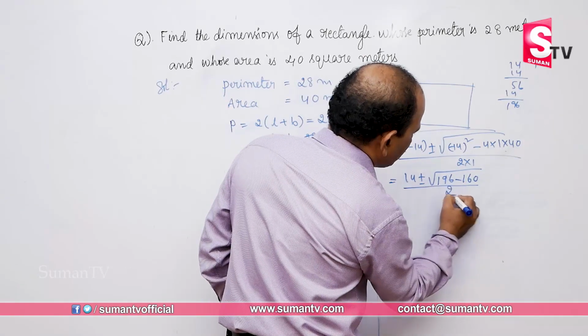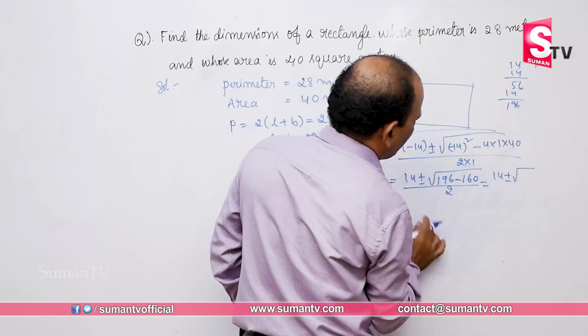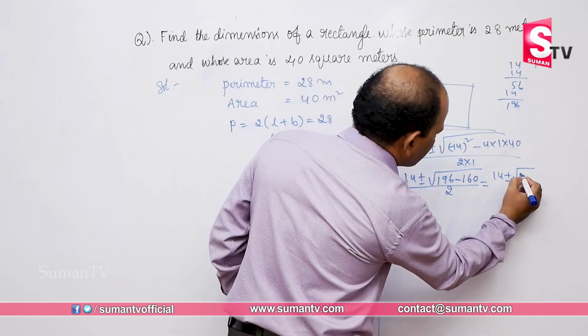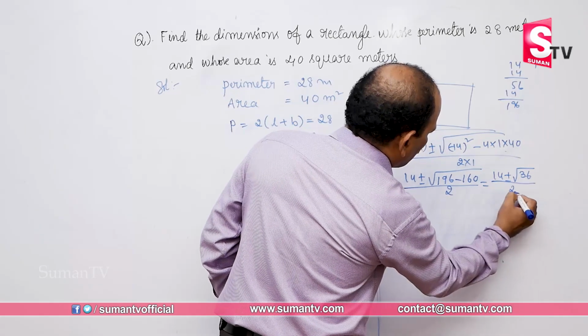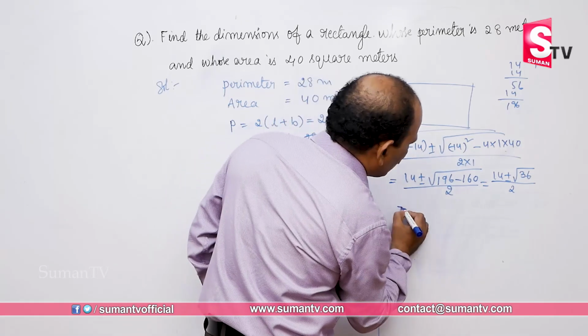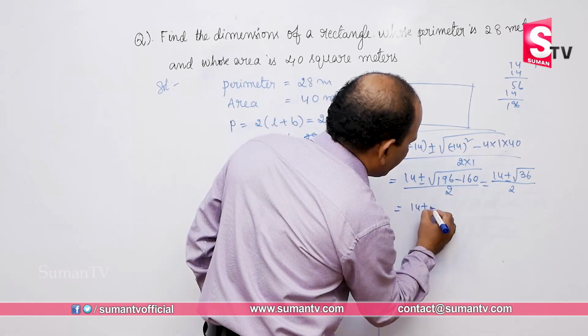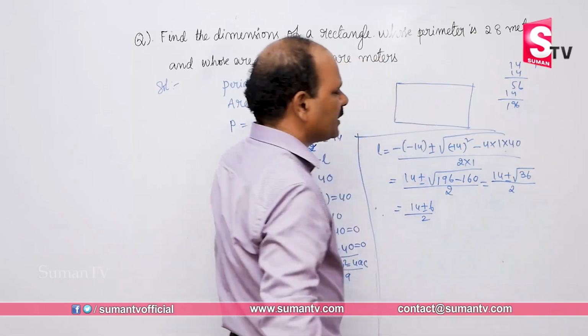By 2 into 1, which is 2. That is 14 plus or minus square root of 196 minus 160, which is 36, by 2. So L is equal to 14 plus or minus square root of 36, which is 6. 14 plus or minus 6 by 2.